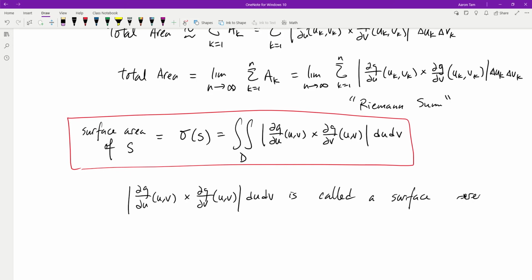Actually, I think it's called a surface area differential. And the notation for that is this. This thing is sometimes called d sigma.